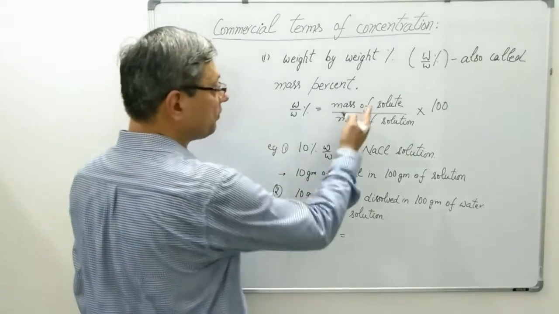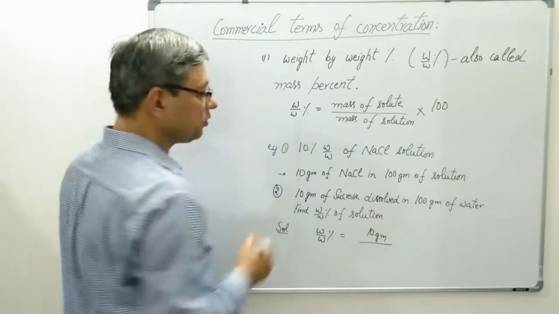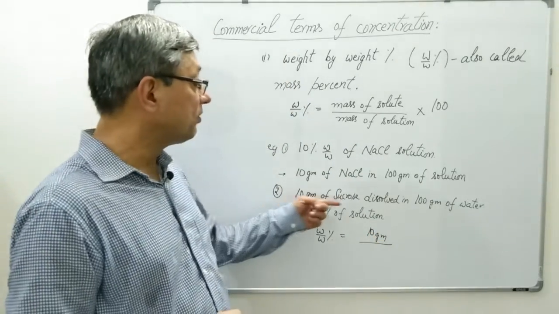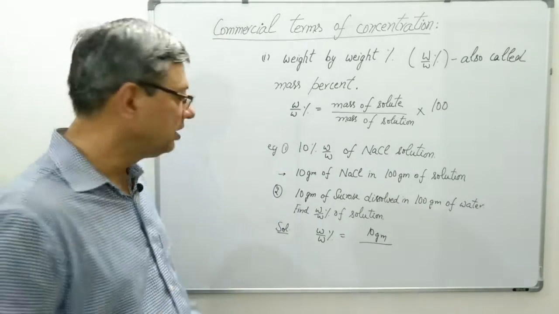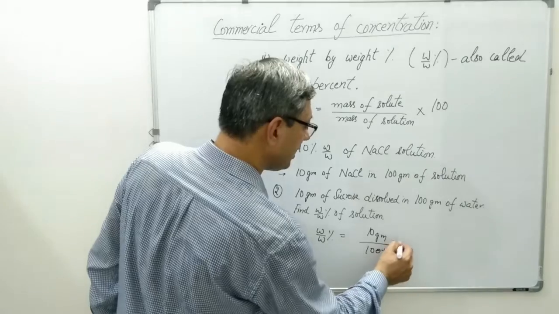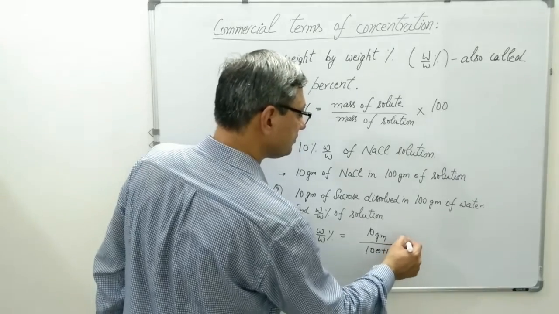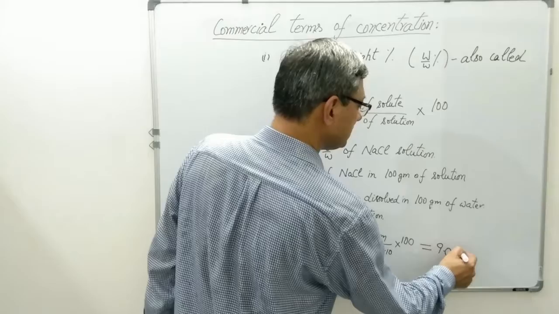Here mass of solute is 10 grams. Mass of solution will be 10 grams of solute and 100 grams of solvent, that is water. So the solution will be 100 plus 10, and multiply by 100. On solving, the answer will be 9.09%.